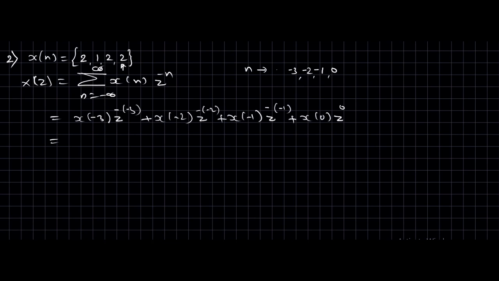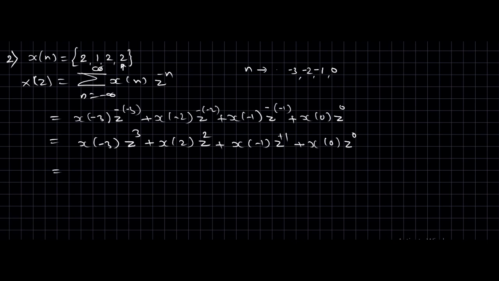So this is going to be x of minus 3, z raised to plus 3, x of minus 2, z square, plus x of minus 1, z raised to plus 1, and plus x of 0. z raised to 0 is 1 anyhow.